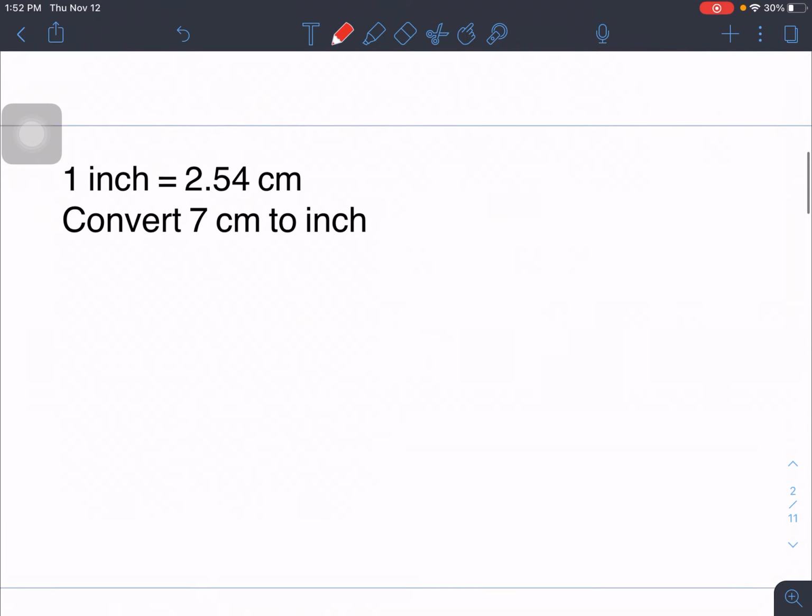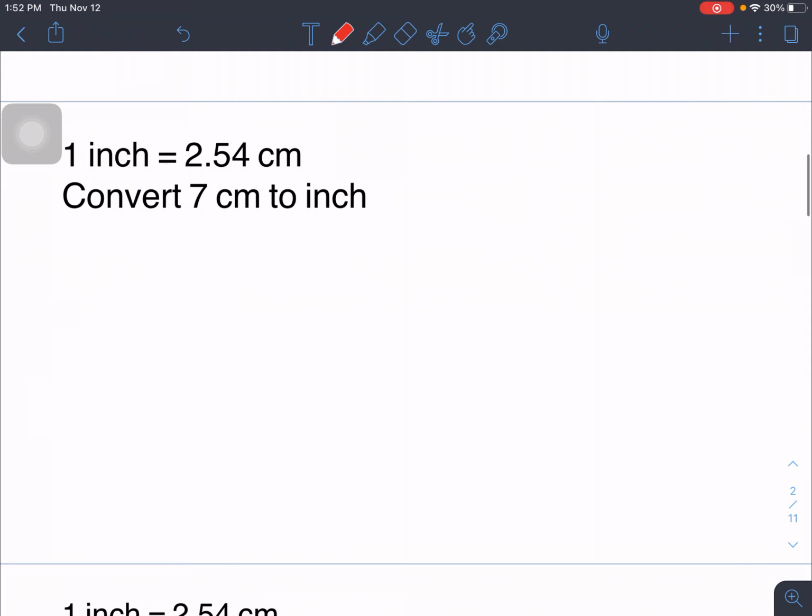Okay, so next one, 7 centimeter to inch. So this will be 7 centimeter, and I would like to find the value if the unit is in inches. So since centimeter is on the top part, we would like to place centimeter on the bottom part and inch on the upper part.